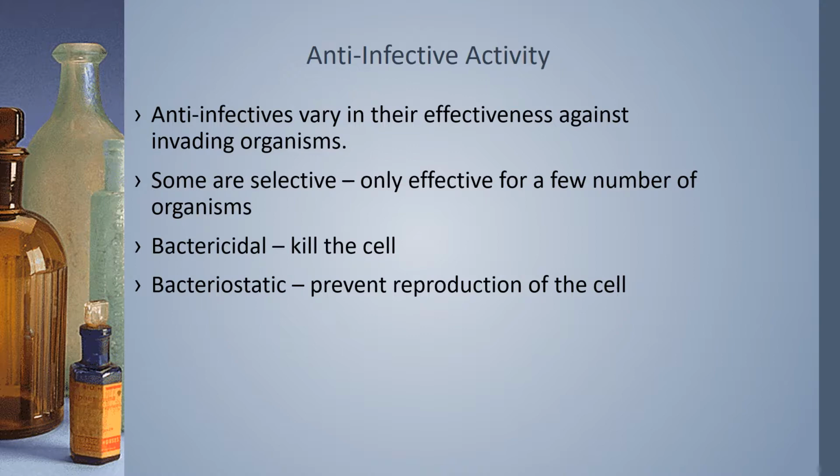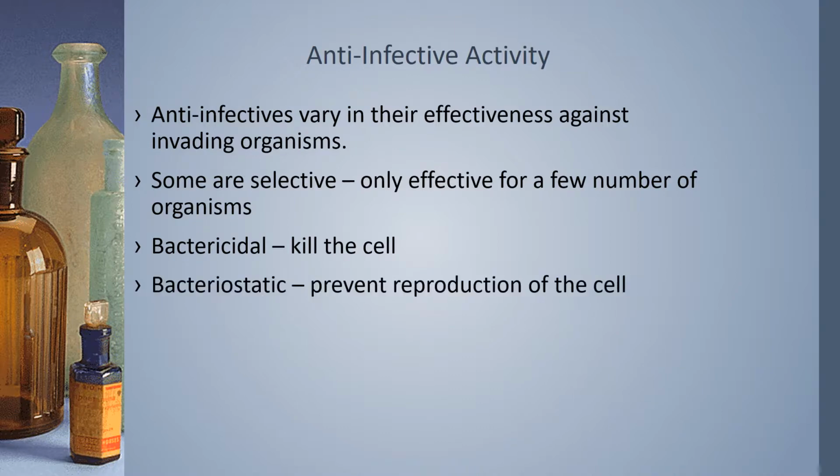With anti-infective therapy, their effectiveness against invading organisms will vary. Some are selective: they're only going to be effective for very few, very specific microorganisms. Some anti-infectives are bactericidal, where they actually kill the organism or the cell.